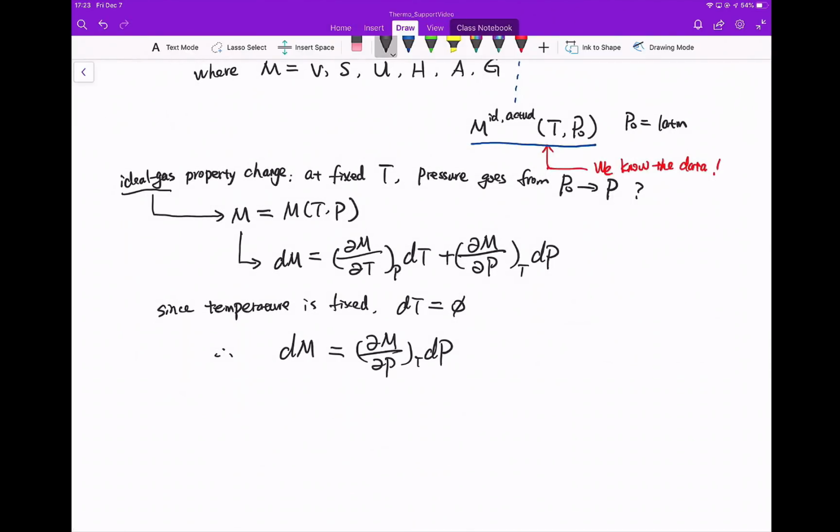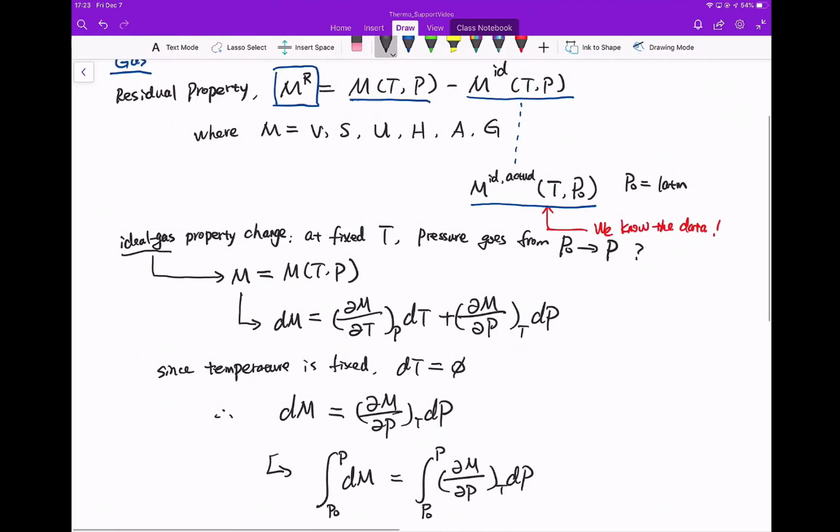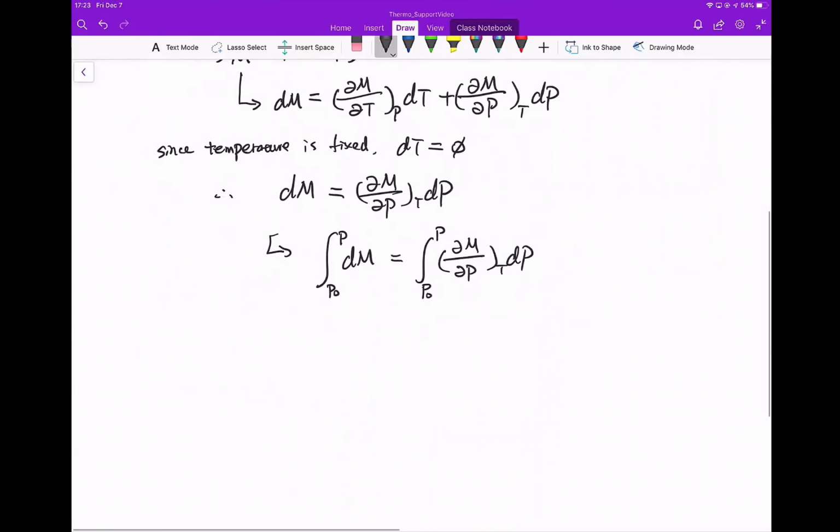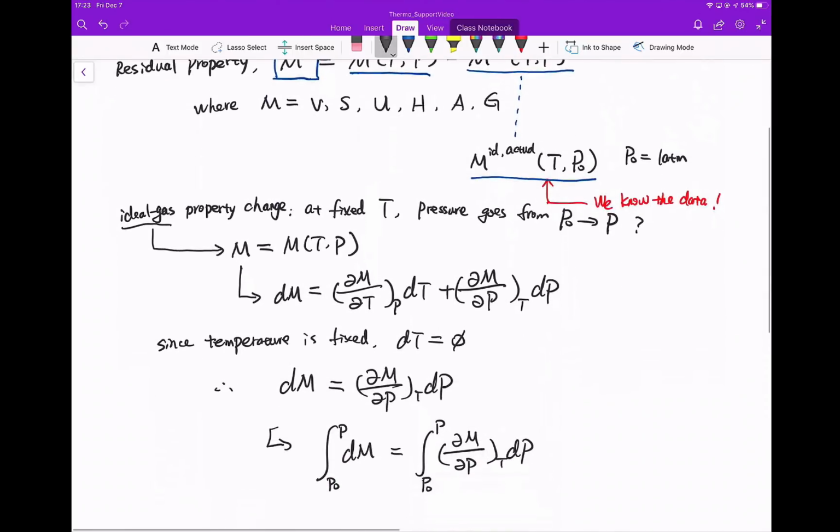Then you just need to evaluate the partial derivative of M with respect to pressure at fixed temperature dP, integrated from P0 to P. So we can calculate the residual property, like we discussed in the past.